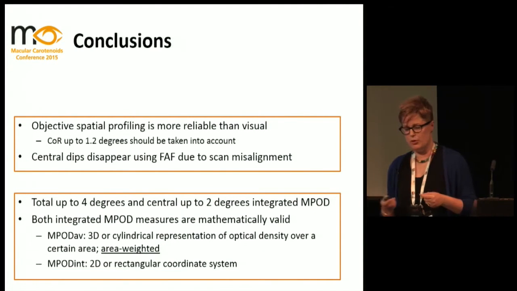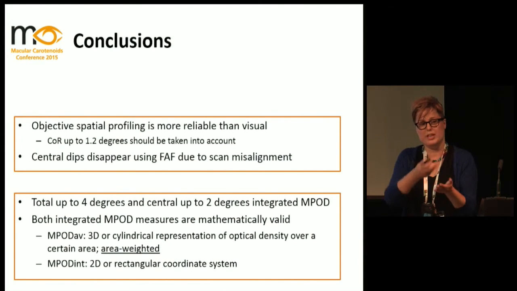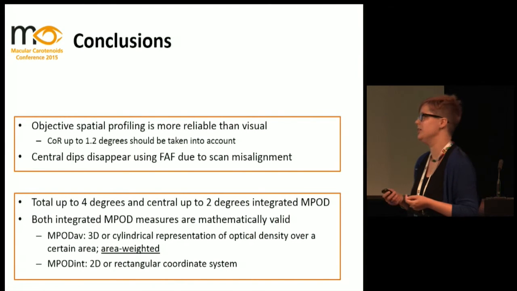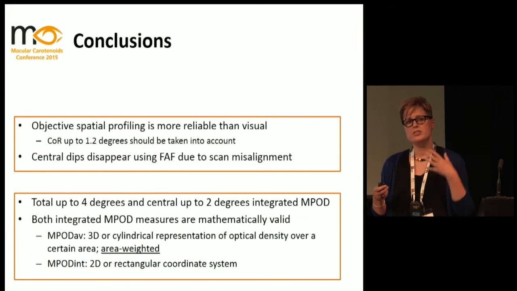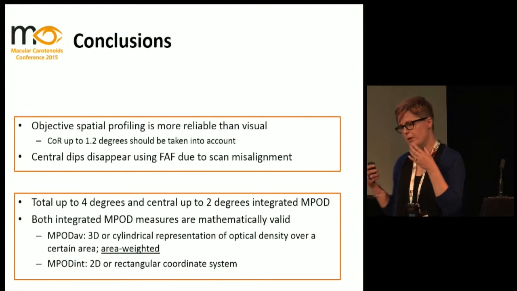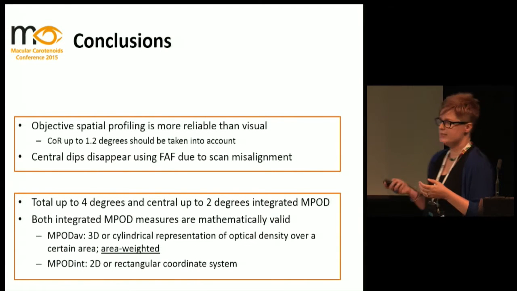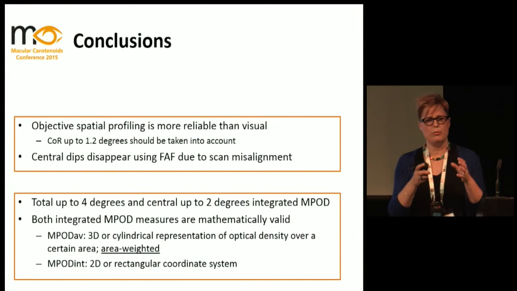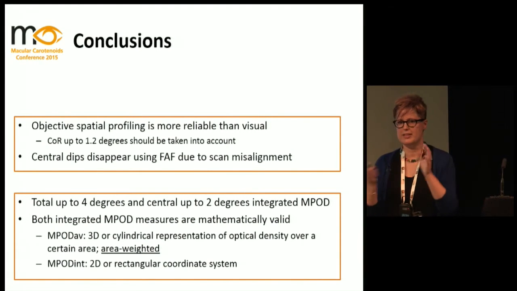So in absence of this classification system that now we can't possibly use for all the different techniques that we use to measure macular pigment, we wanted to propose that we start reporting on the integrated macular pigment. And it's not something that I want you to replace your current classification system with. That's not at all the case.